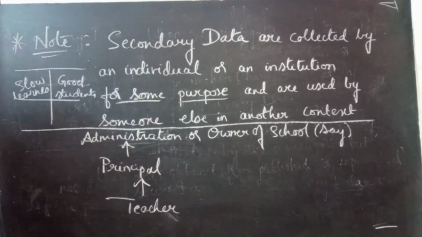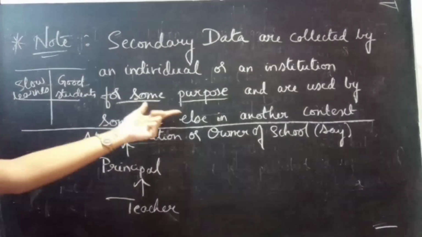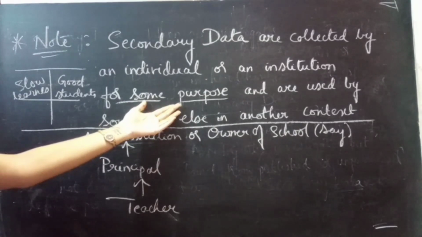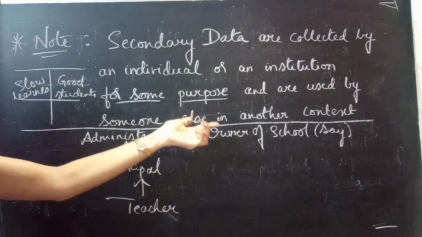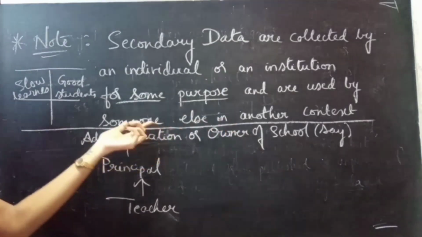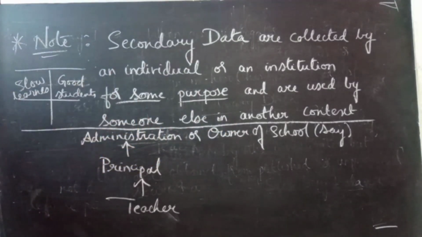And they will send the marks list to their parents. That will be considered the purpose, and it is used by someone else in the sense of comparing with other school students. Nowadays schools are competing with each other.